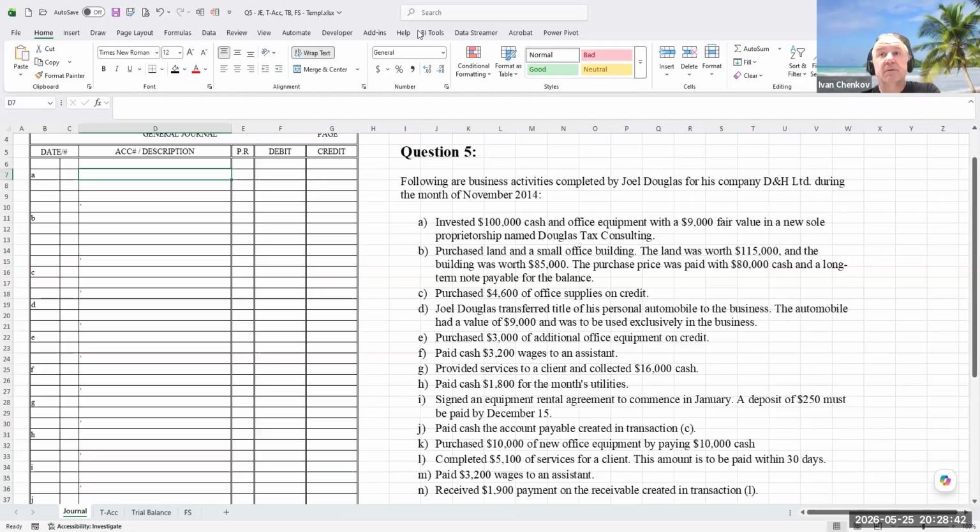One asset was definitely the cash. The next one is the office equipment. And since he is investing it in the business, that's going to go to his capital account. So now let's go one after another. Debit. What are we going to debit first? What does the business get first?